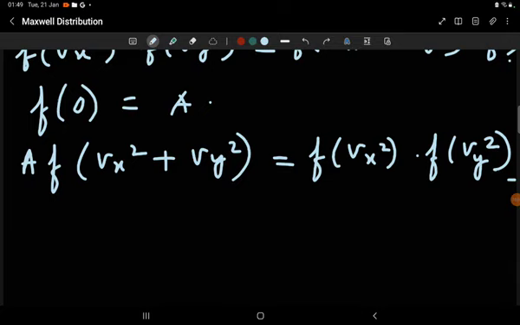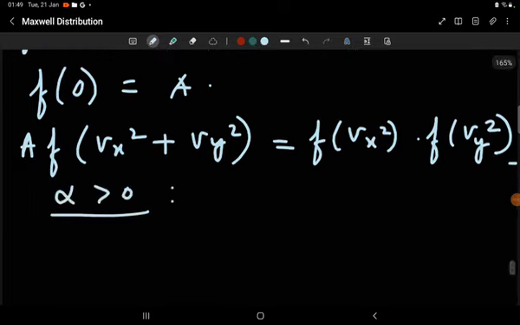This is the functional relation that we get. If you notice properly, it is a unique functional relation. It is actually satisfied by only one function in this world, which is an exponential function. By analysis there are only two exponential forms, where alpha is a positive quantity.